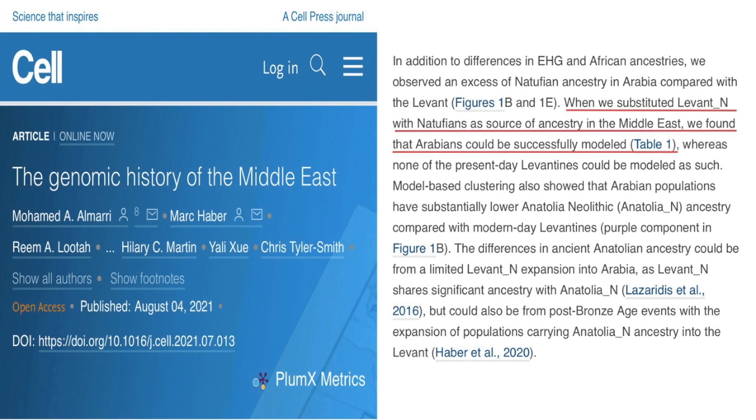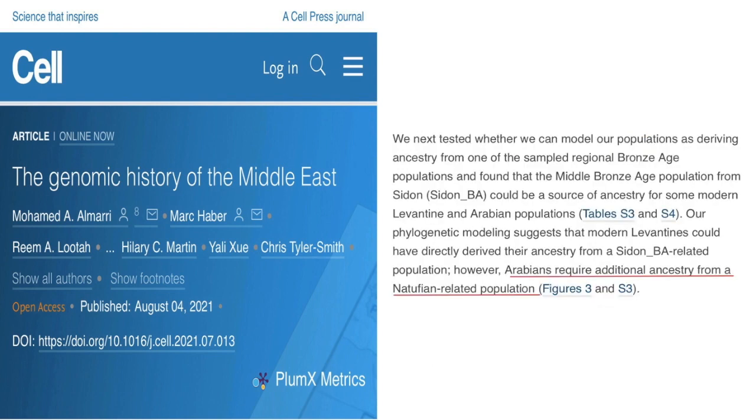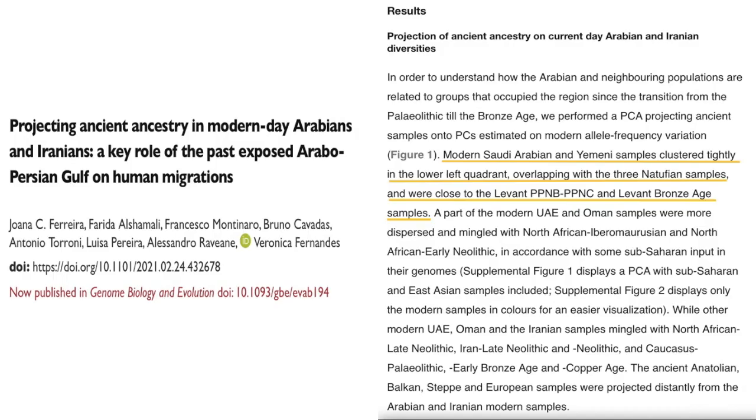When we substitute Levant Neolithic with Natufians as source of ancestry in the Middle East, we found that Arabians could be successfully modeled. So Arabians are genetically very close to Neolithic Levantines and Natufians. Arabians acquire additional ancestry from a Natufian-related population.